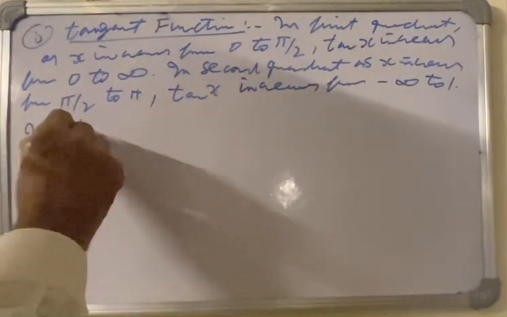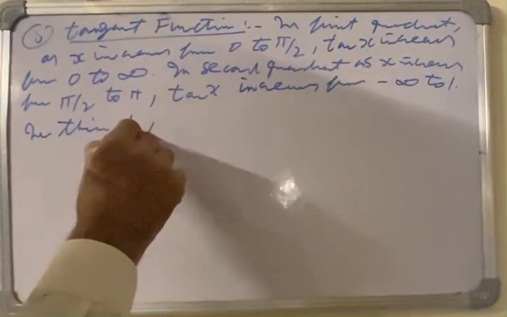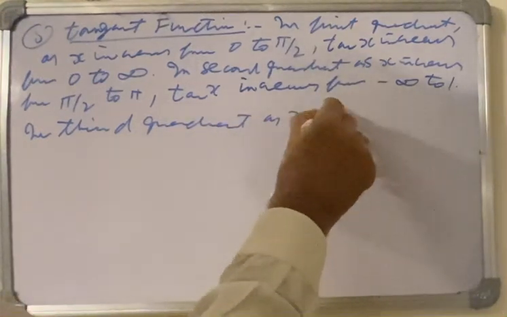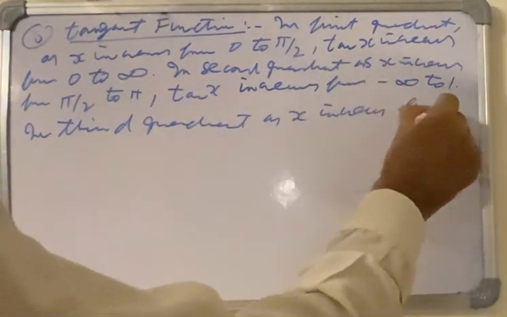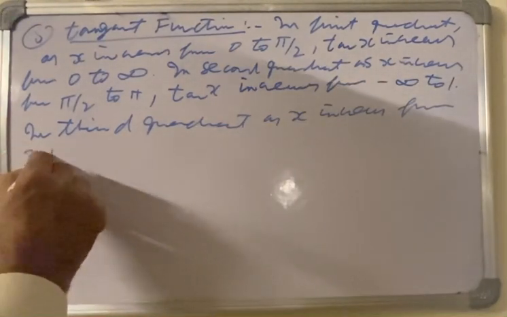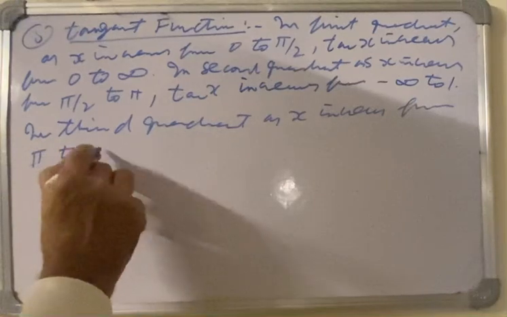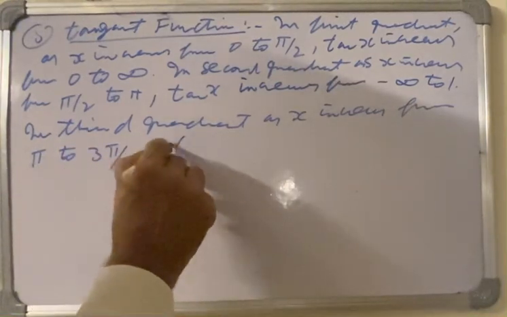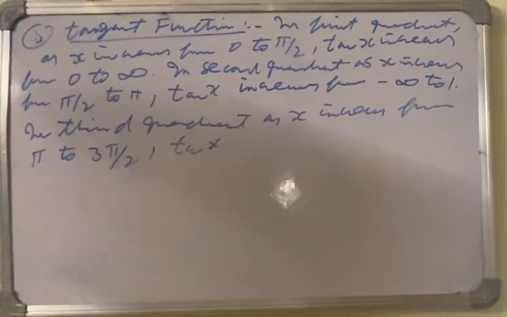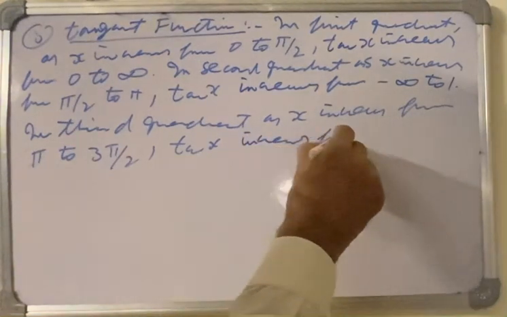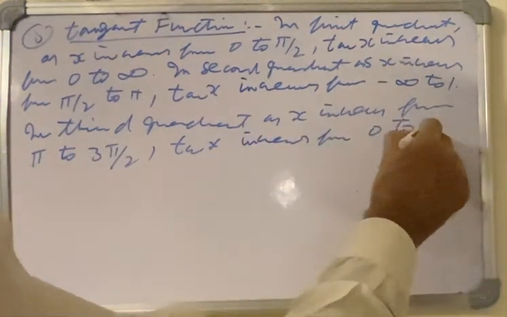In third quadrant, as x increases from pi to 3 pi by 2, then tan x increases from 0 to infinity.